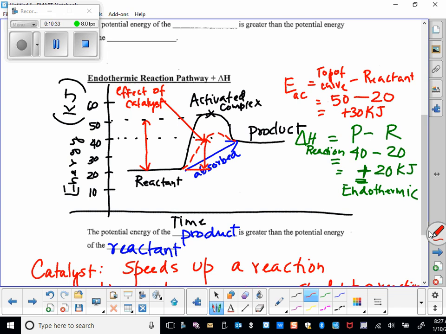Okay? So here is my question. Is the amount of energy that is released during the reaction impacted because of a catalyst? Or in other words, I've calculated that 20 is my heat of reaction. Are you with me? It's product minus reactant. Has that changed because I added a catalyst? Has it or has it not?